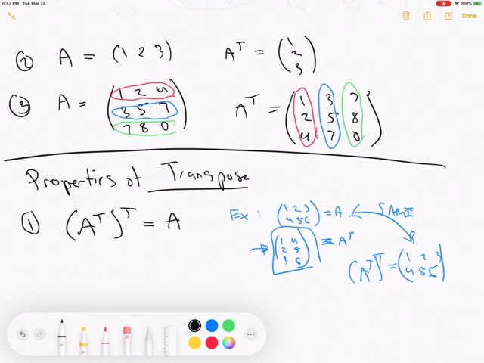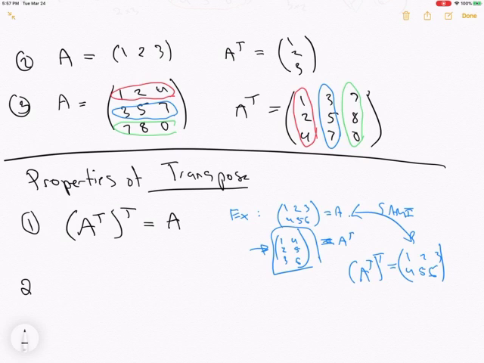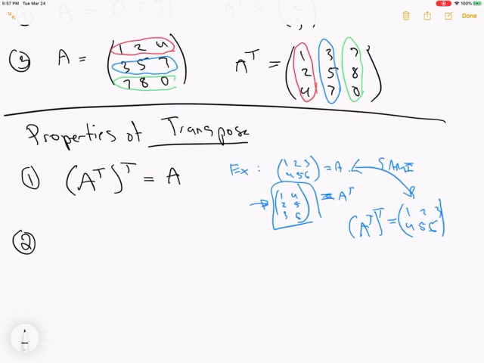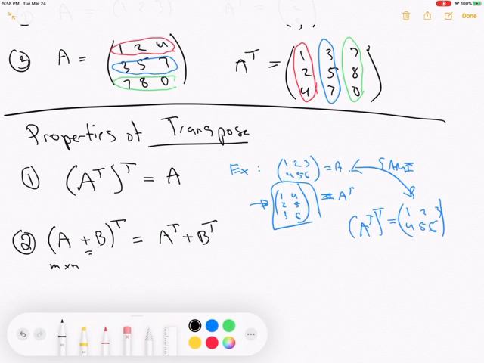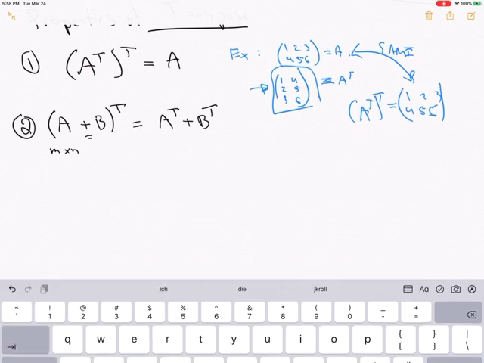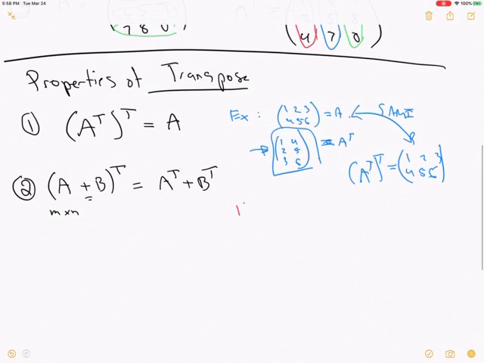That's the first property. The second property is that it behaves well with respect to addition of matrices. If you have two matrices, and assuming they have the same dimension, for example, they can both be m by n matrices, then we can add them. We can take the transpose of that, and that is just the summation of the transposes of the respective matrices. Again, these properties are all kind of obvious, so you can just see how they work.